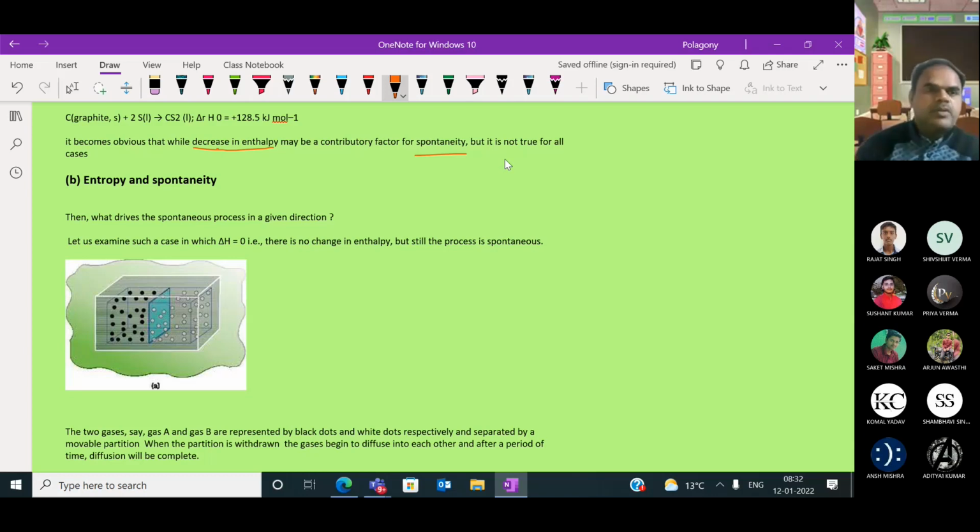What drives the spontaneity of reactions in a given direction? Another reason we can tell is entropy. We should talk about this entropy. Now, understood the spontaneity, everyone? What is the definition of spontaneity?